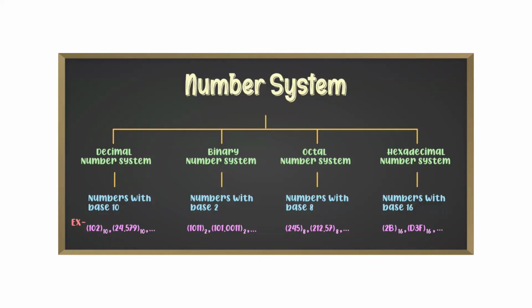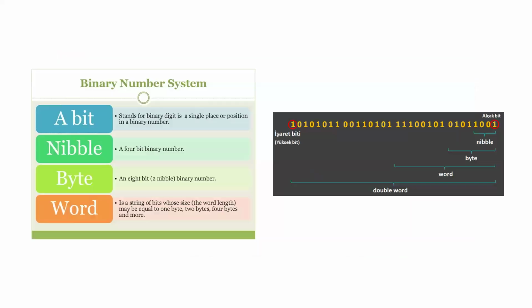It can be maximum F, for example, and F represents 15 in this hexadecimal number system. And the octal number system, how can we encounter it in our daily life as a programmer? For example, inside the processing system, you may encounter it. So, to apply these operations, you should care about these octal number systems.